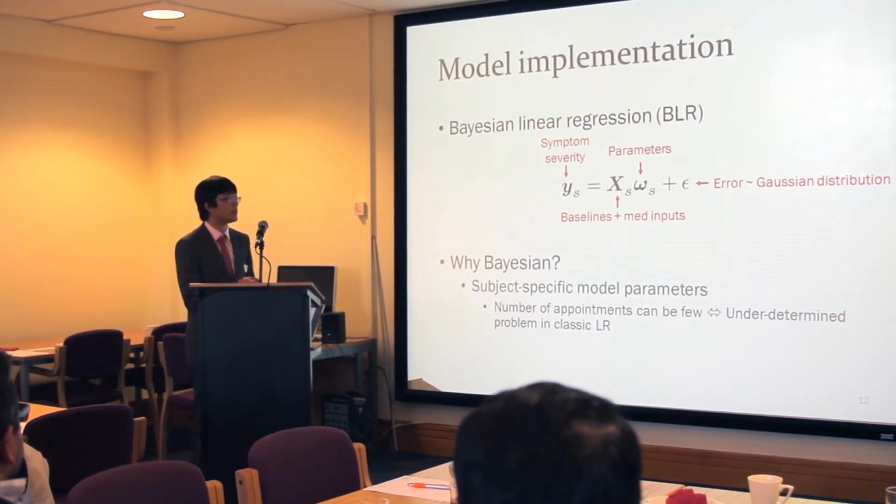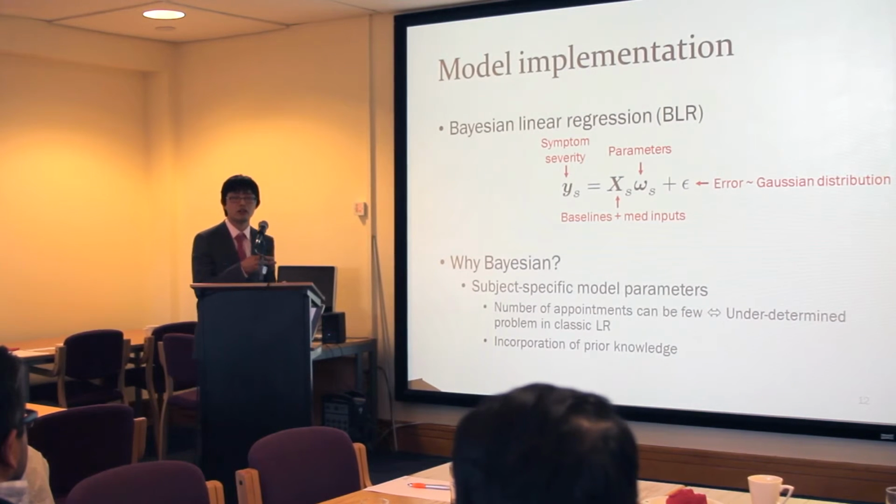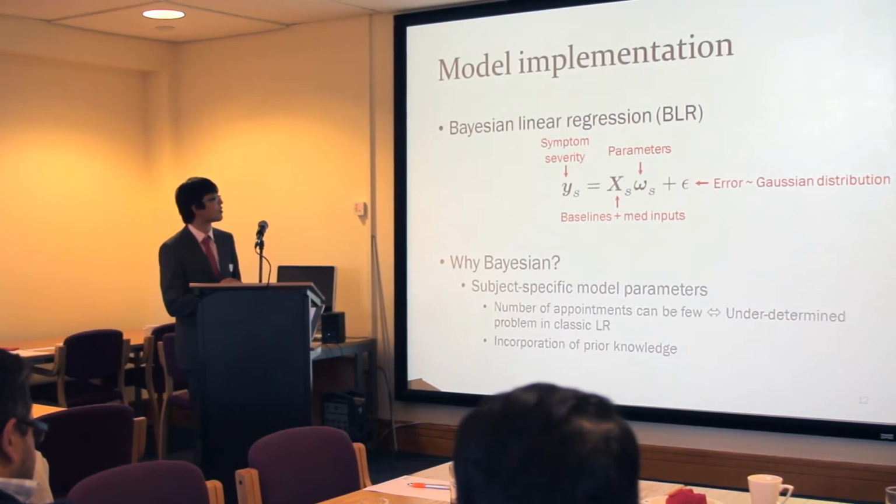You can't estimate the parameters because you have too little information. The Bayesian framework allows us to incorporate prior knowledge from literature, for example, the effect of age on the effect of medication. There's some information from literature, so we can incorporate it as priors in the Bayesian framework.